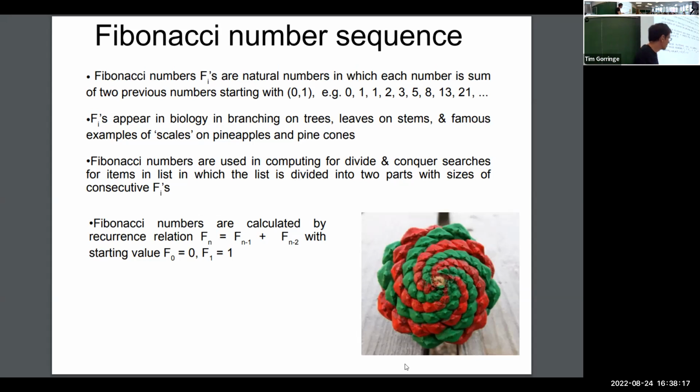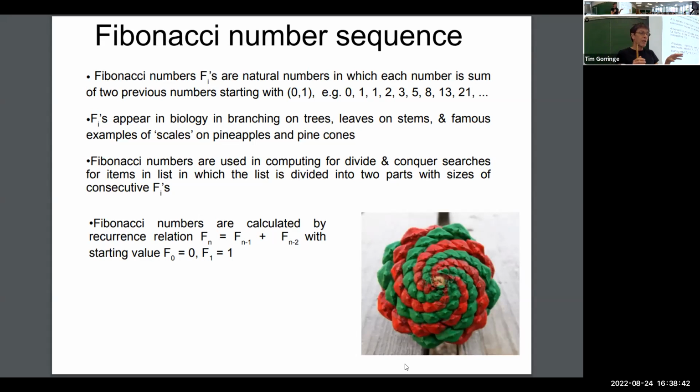If you look at it, here's a pine cone. And the number of these spirals are always Fibonacci numbers. In this case, this is A. But you can see other ones. You'll see 13 is another Fibonacci number. So you get pine cones with 13. And so they appear in nature.